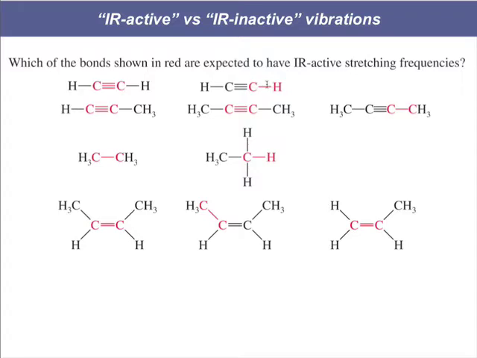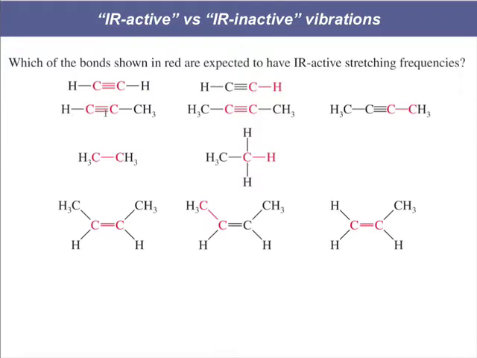Now, a CH bond is not polar, so normally we would think it would not be IR active. But since one side of the bond is different with the triple bond to a carbon, then the other side of the bond is just a hydrogen. That means that it's an asymmetrical stretch. As this molecule stretches and compresses around this bond, the electron distribution will change. We've got more distribution on the left than the right, and as we bring them together or bring them farther apart, the overall distribution across the whole molecule will change. So that's an asymmetrical stretch, and that will be IR active.